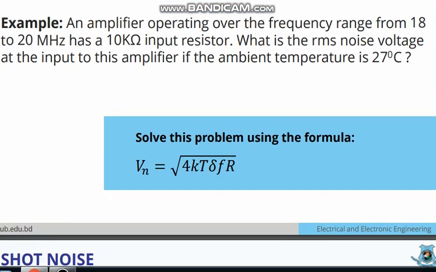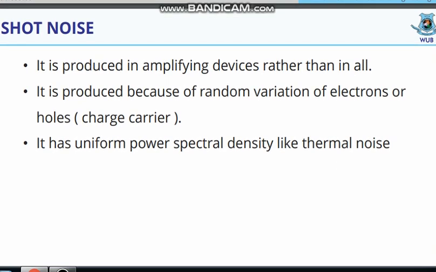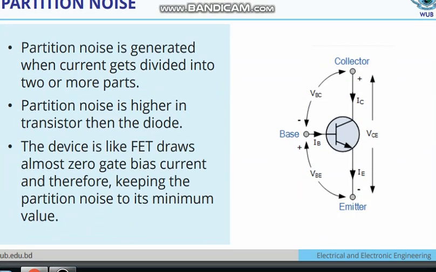Now, that is shot noise. It is produced in amplifying devices rather than in all. It is produced because of random variation of electrons or holes as charge carriers. It has uniform power spectral density like thermal noise.